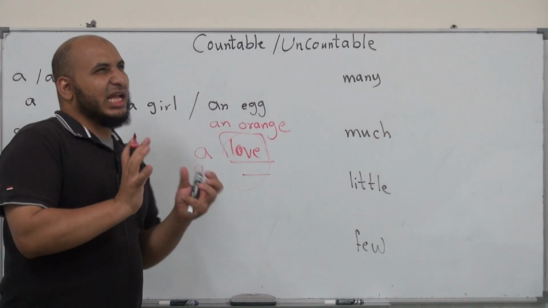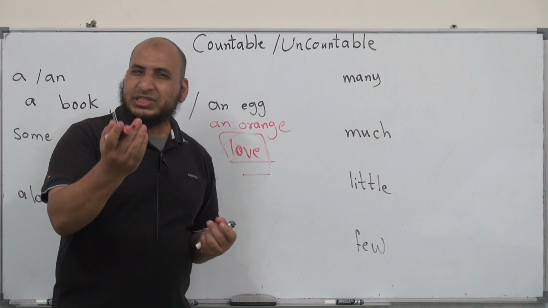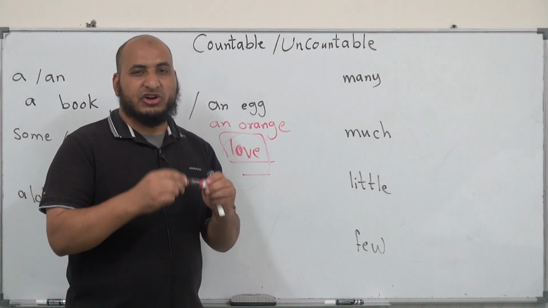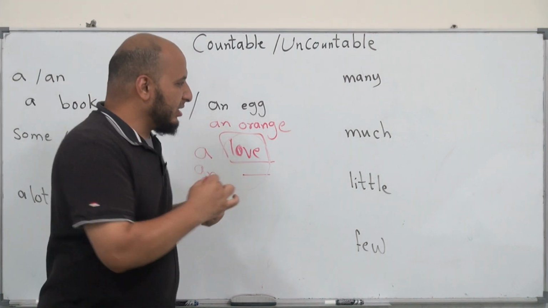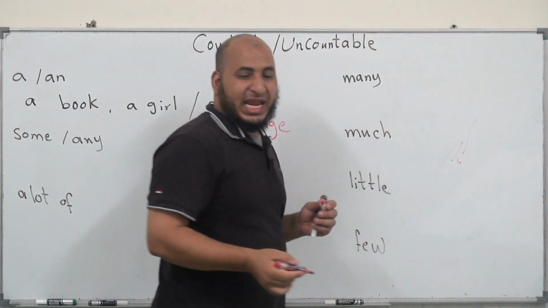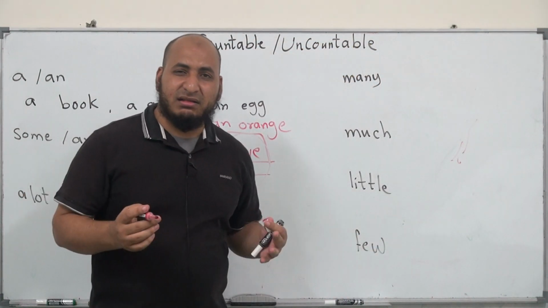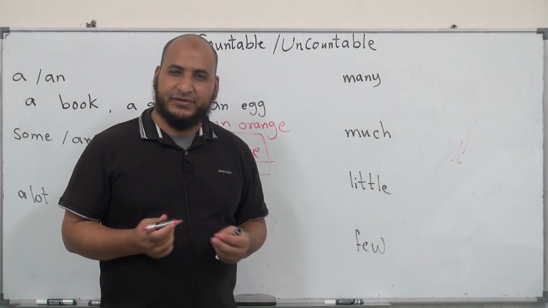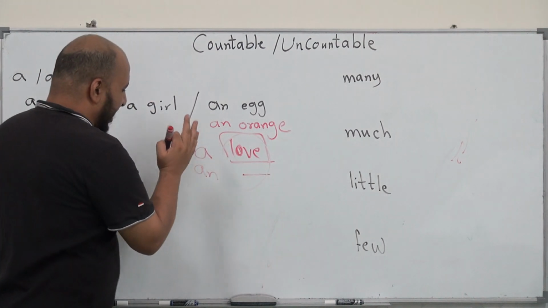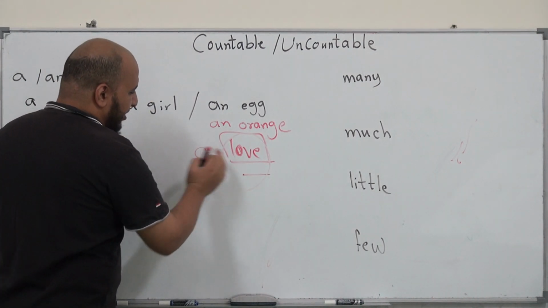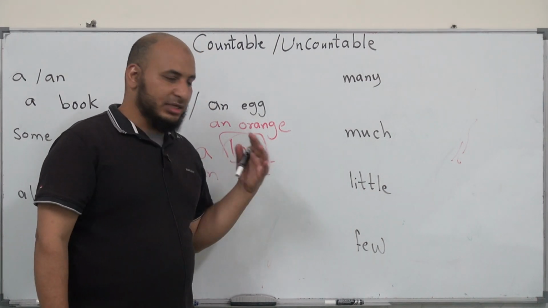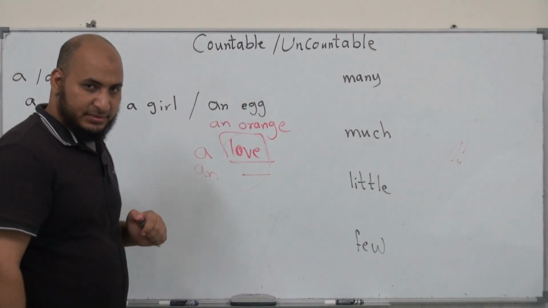You can't touch love. Can you describe love to me? I can describe a book, a pen. I can draw a pen, a man or a girl, but you can't draw love. So I can't put a or an with words such as love, hatred, and dignity.